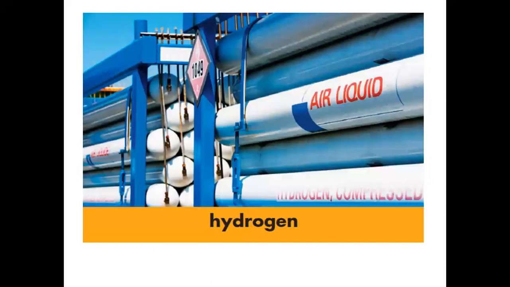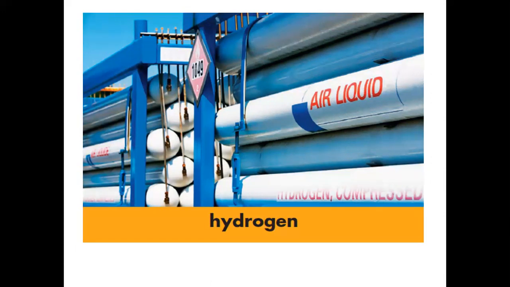We have the next word, hydrogen. If you study science, you must have come across words like oxygen, carbon dioxide, and hydrogen. These are among the different gases we have. We have a lot of gases.